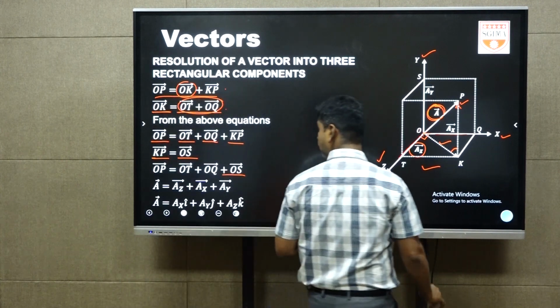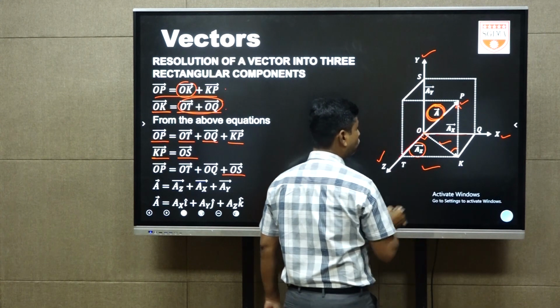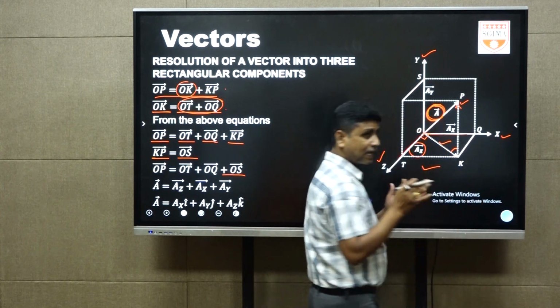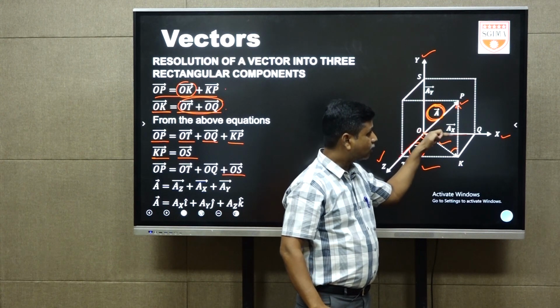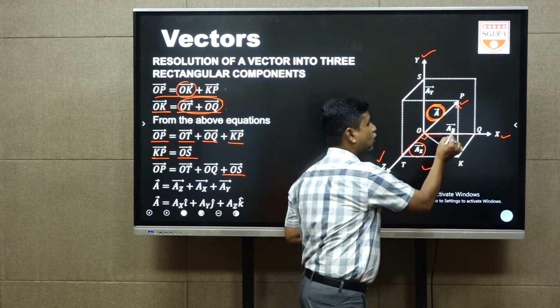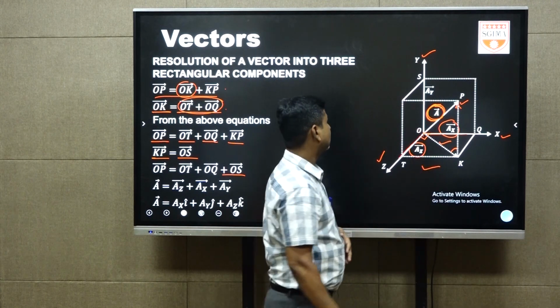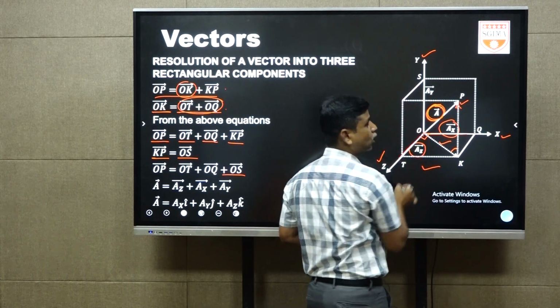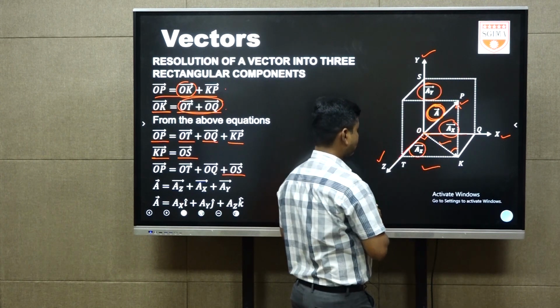Now coming to the point, OP means A bar. What is OQ? It is the component of A along the x direction, so it is denoted AX. Next, OS is along the y direction, so it is denoted AY.